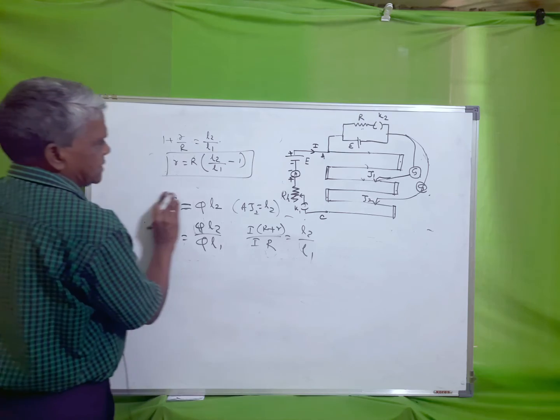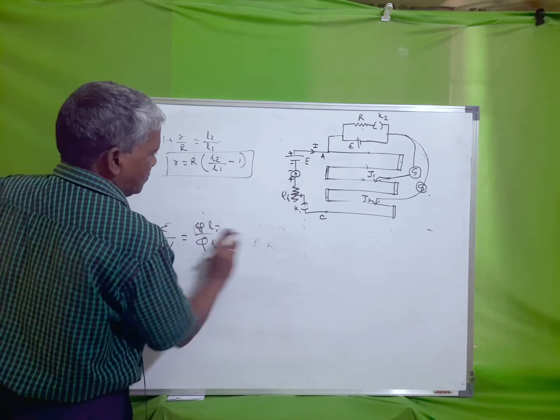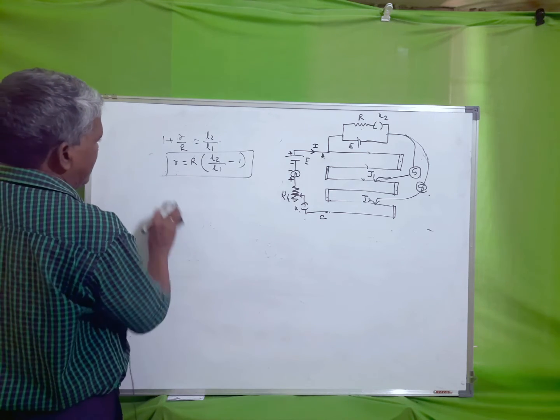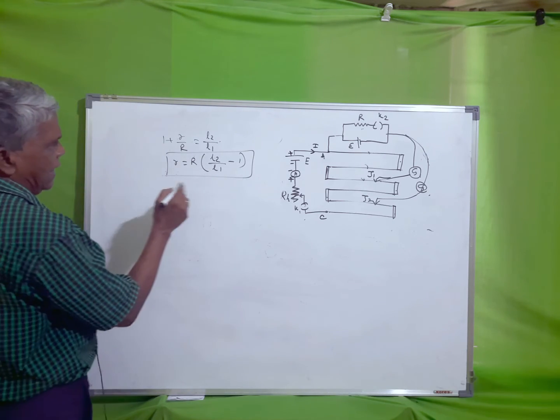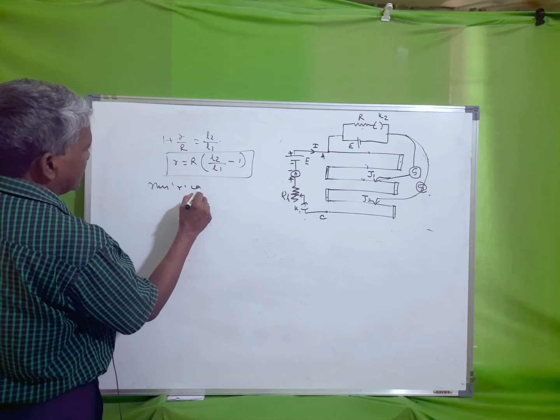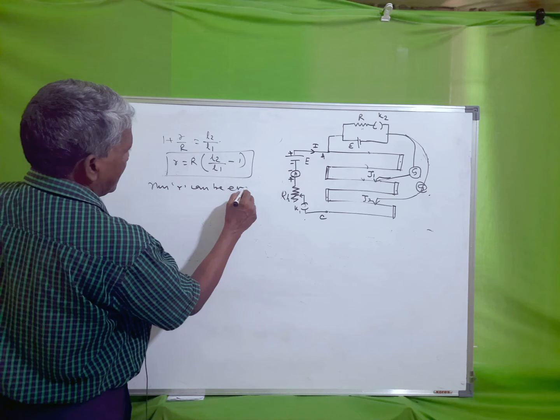Thus the internal resistance of a cell can be obtained as R, L1, L2 are known.